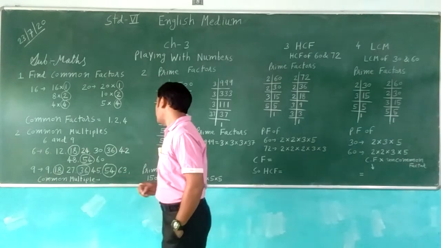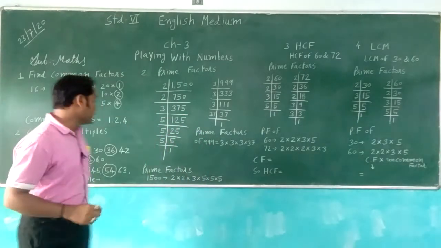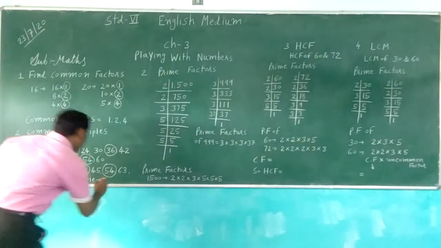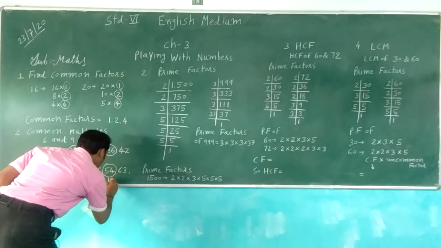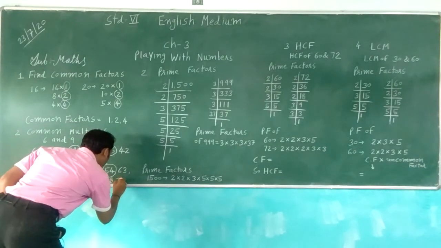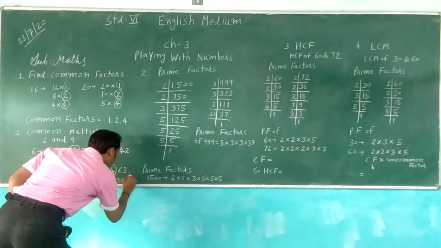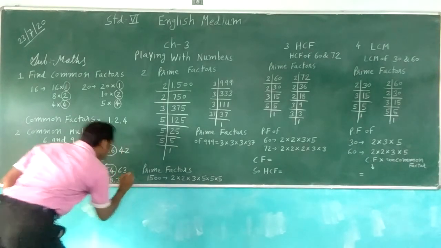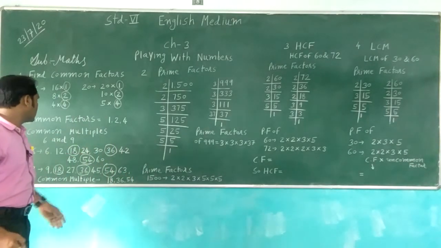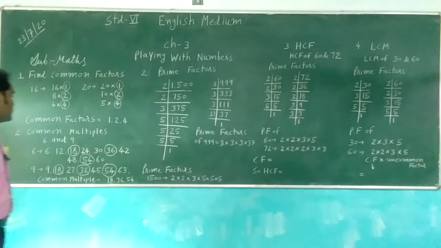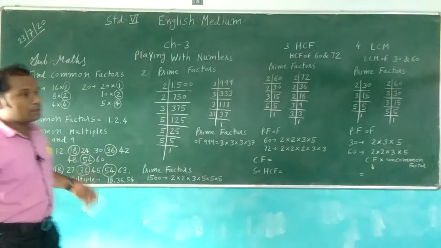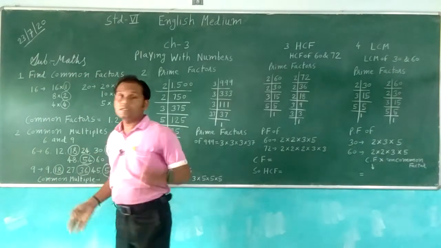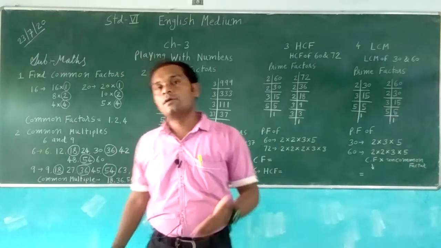54. So we have common multiples. Three common multiples are there, that are 18, 36 and 54. First three common multiples.